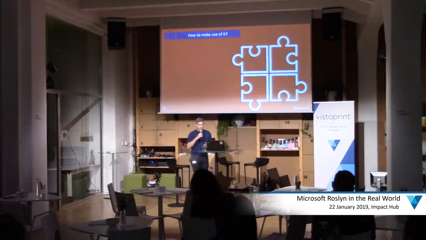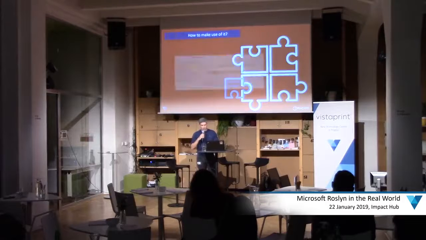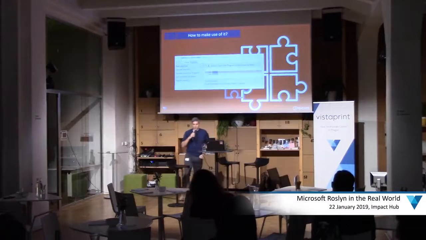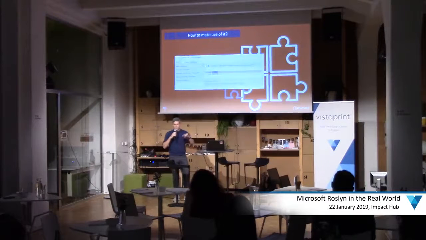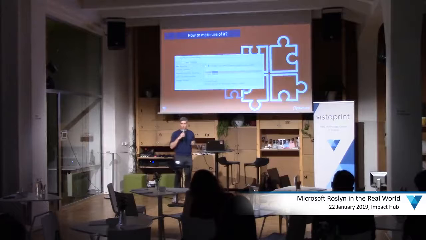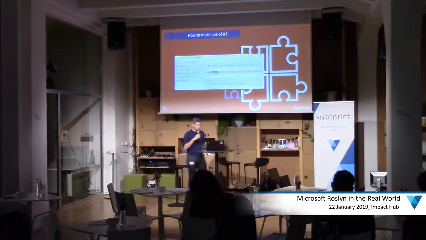What most people do is they extend their business logic and business applications with custom analyzers. So they are able to write for their company a custom analysis and custom tools and do things like detect anything wrong in their project and automatically change it to something that is not wrong.